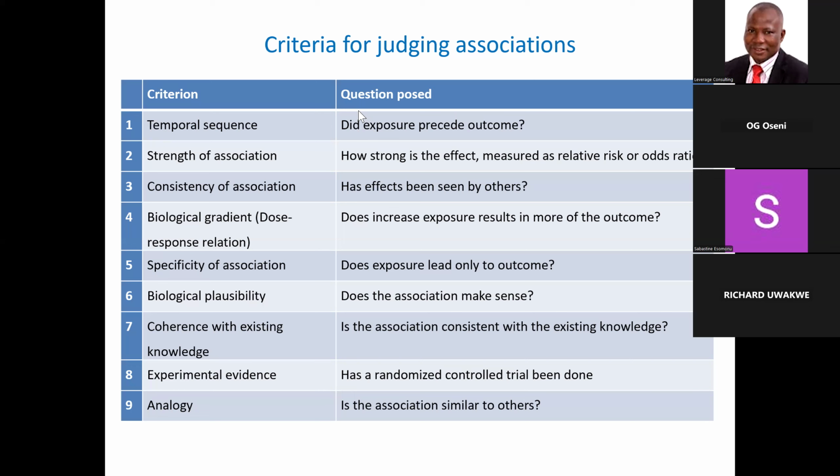For example, if you study varicose vein among women and the use of OCP, oral contraceptive pill, the probability of having varicose vein increases with the dose or the exposure to the OCP, by virtue of the dosage and for how long the person has taken it.